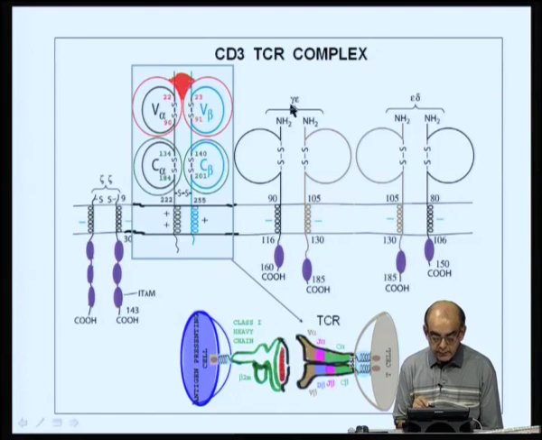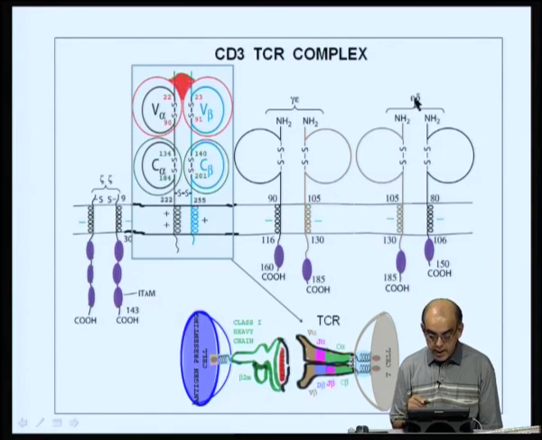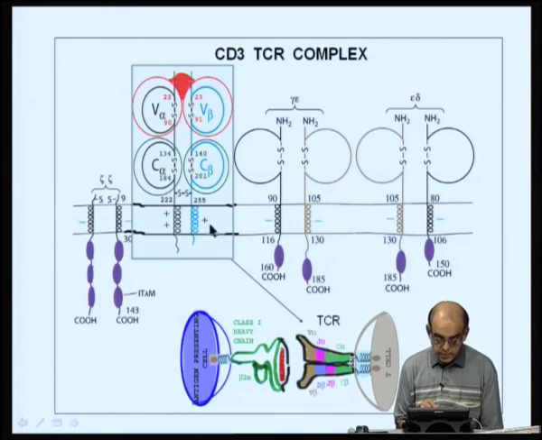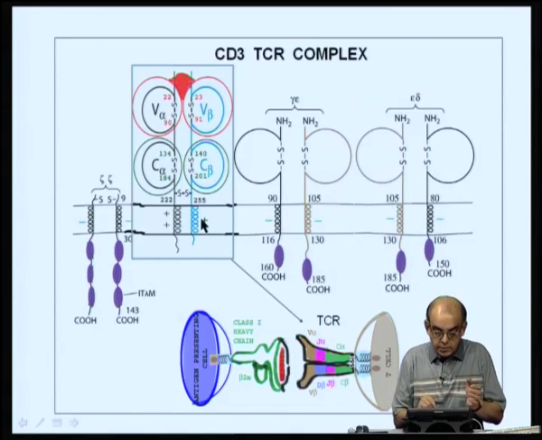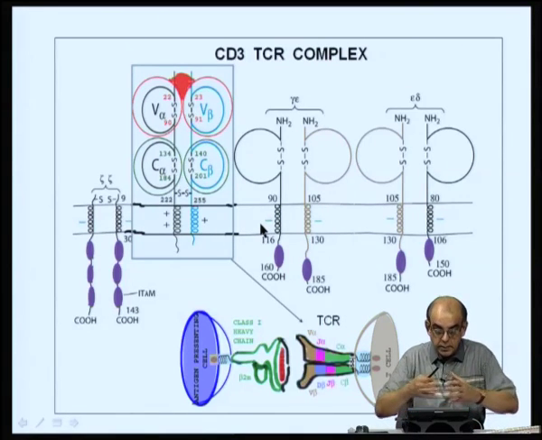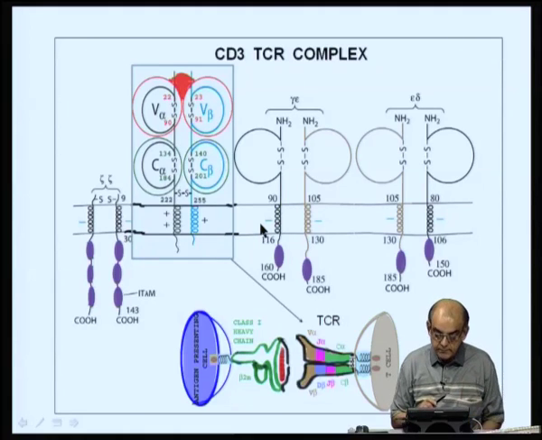So, you always have on the cell surface the gamma epsilon or the delta epsilon subunits. And note that these transmembrane segments have opposite charges to that present on the antigen binding portion of the T cell receptor. Now, this causes these subunits to come together because the plus and minus attract each other. So, they are all present as a complex.